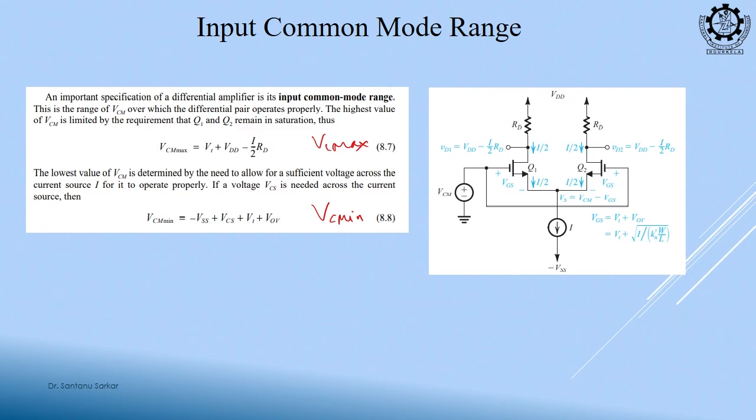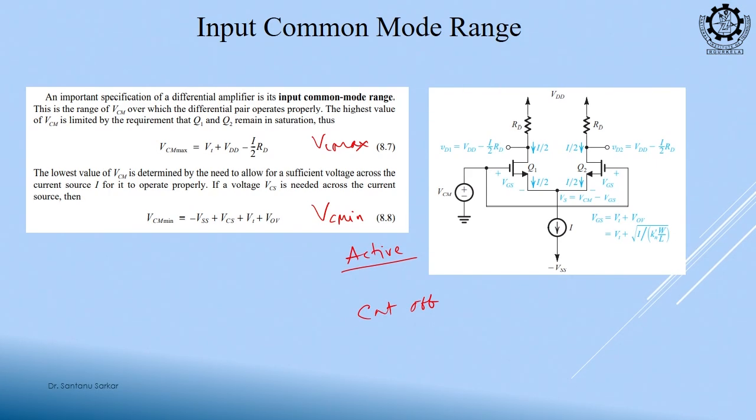Okay. How? We just described that we should see that one limit is cutoff. So we will check that this cannot go so that VGS is less than VT, this is one condition, and another limit is the active region. We cannot increase so that VDS falls below VOV.